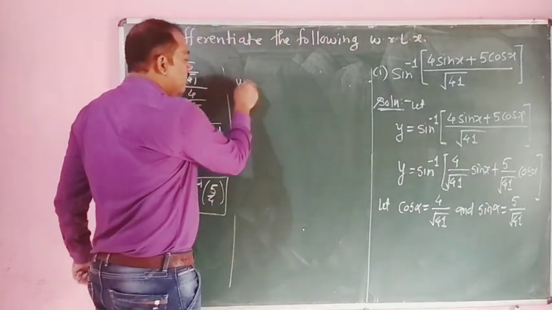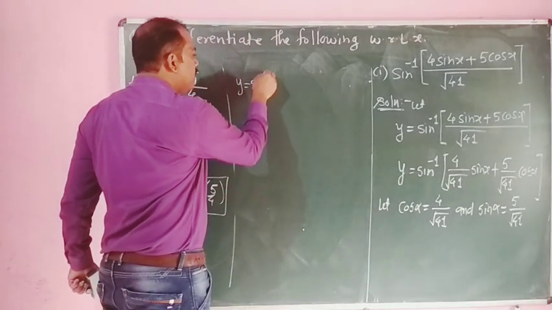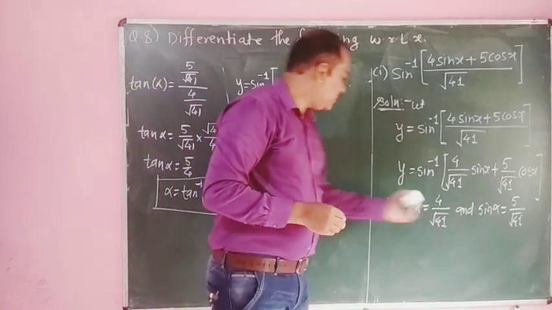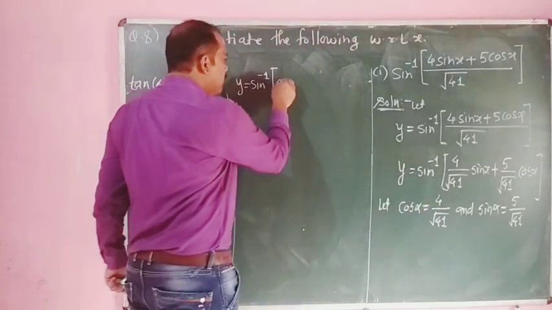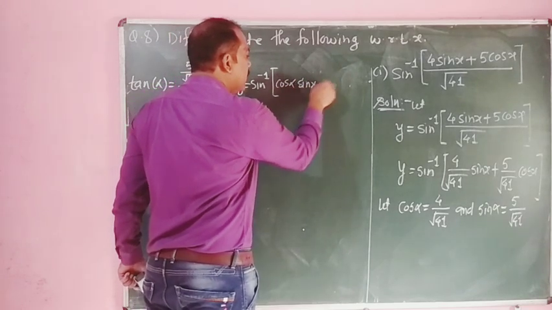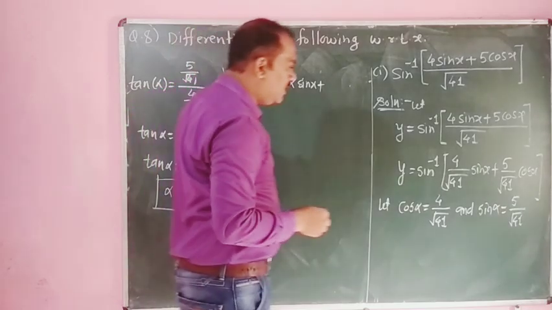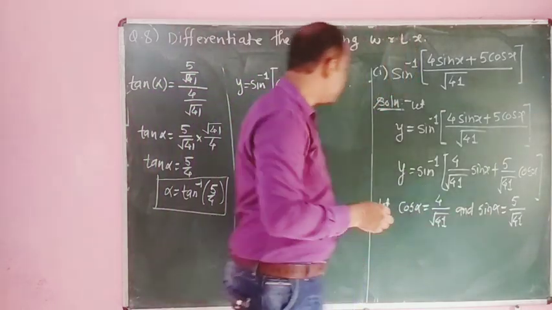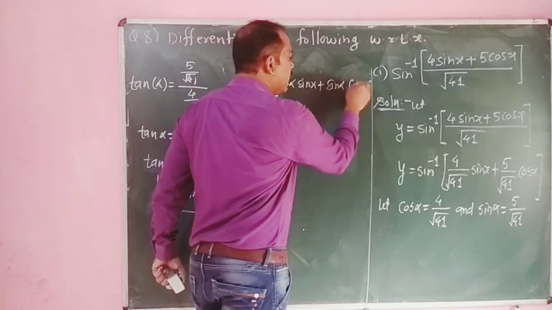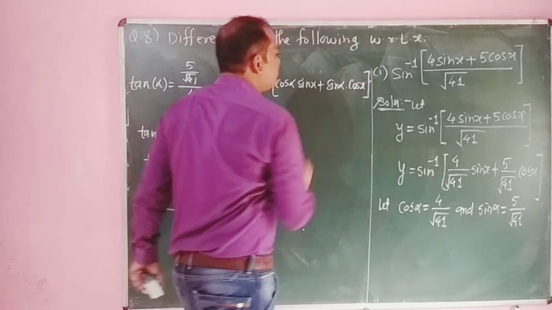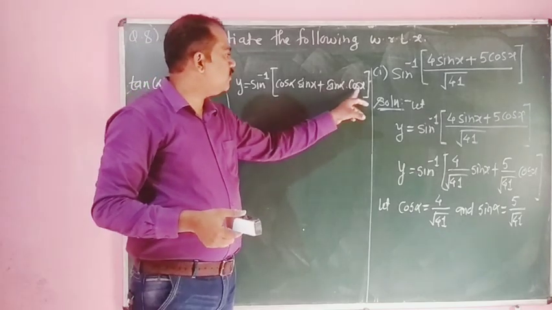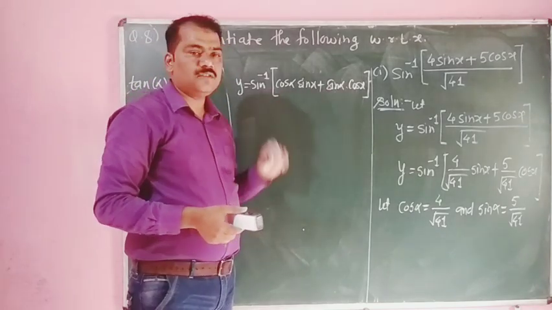Y is equal to sin inverse of 4 divided by root of 41, which is nothing but cos alpha, into sin x, plus 5 divided by root of 41, which is nothing but sin alpha, into cos x. That can be written as sin alpha into cos x plus cos alpha into sin x.